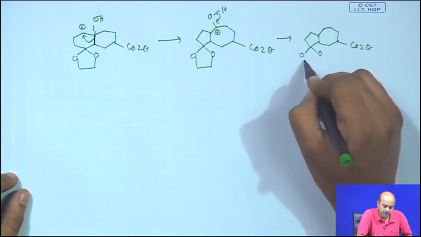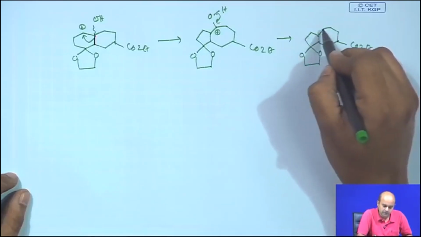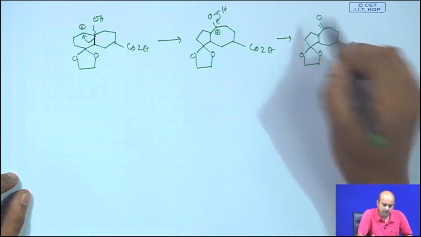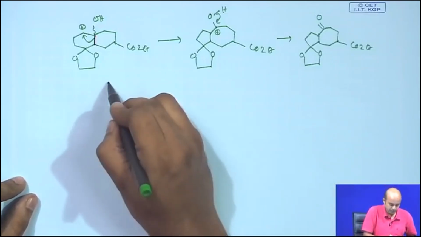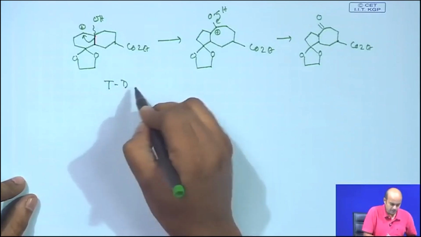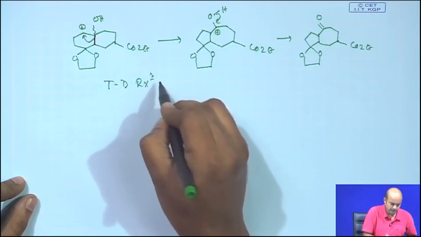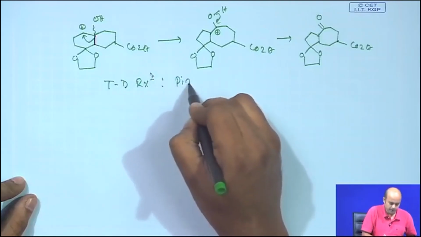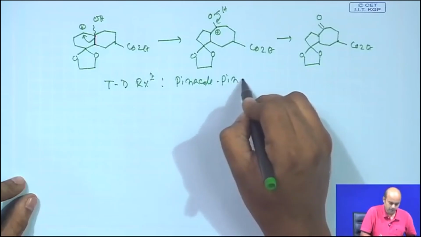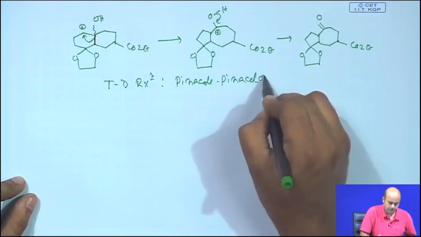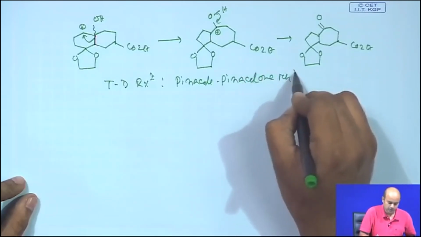So, this is basically a reaction where ring expansion or 1,2-migration takes place. So, the Tiffeneau-Demjanov reaction is like a pinacol-pinacolone rearrangement, and it is just an equivalent of the pinacol-pinacolone reaction.